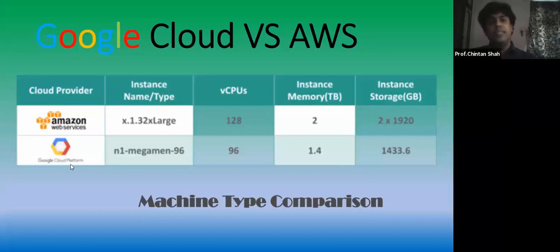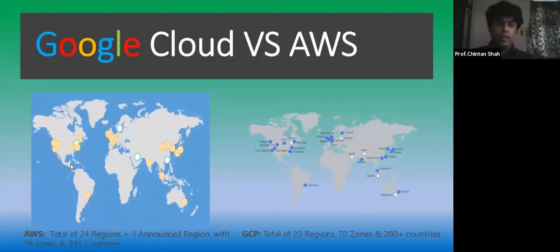Let us go to the next slide, where we are going to compare Google Cloud and AWS in terms of regions and zones. AWS has a total of 24 regions, while GCP has 23 regions.